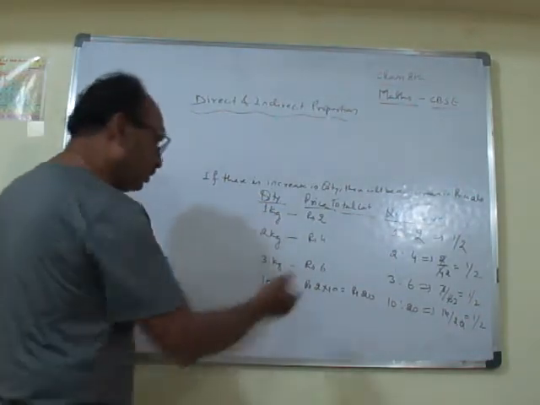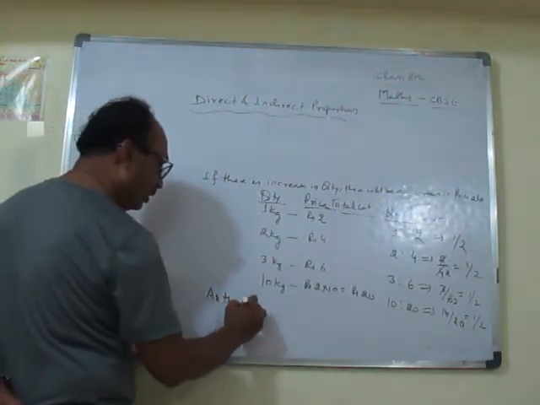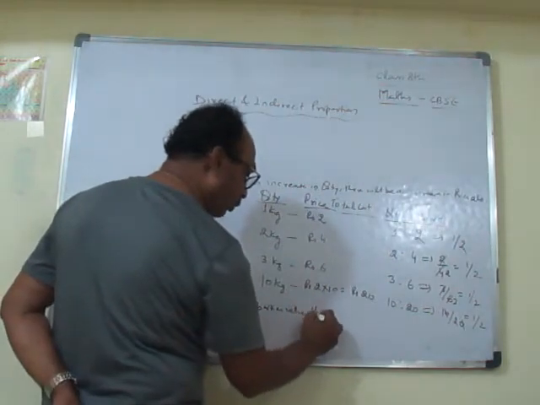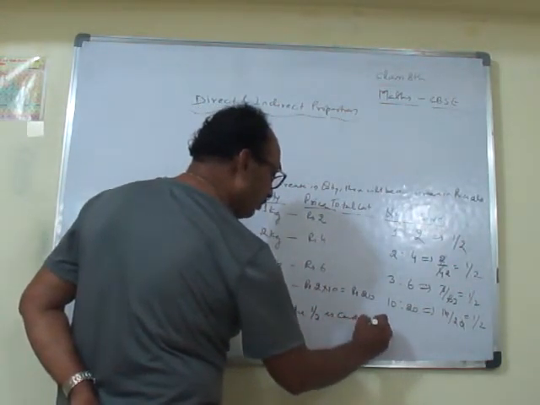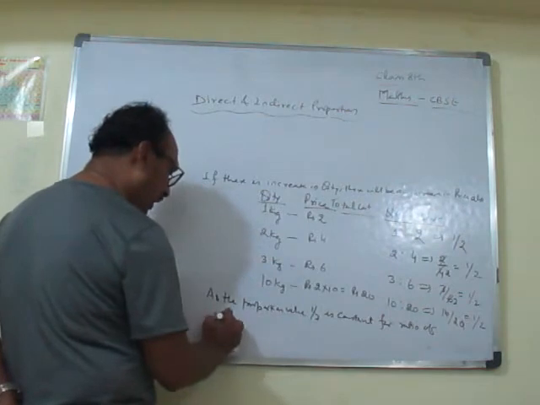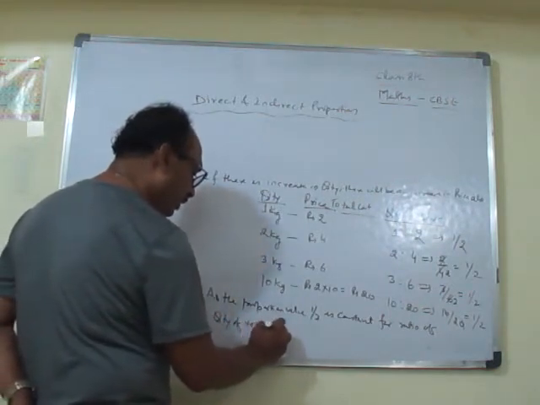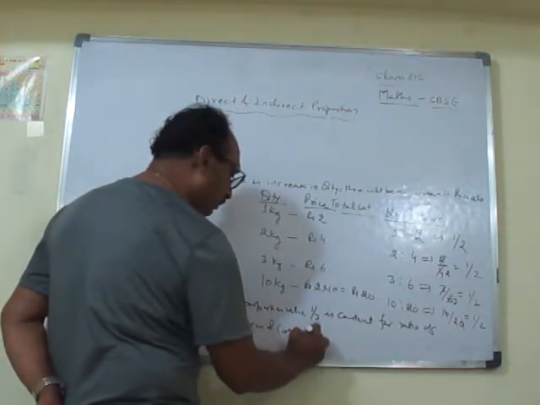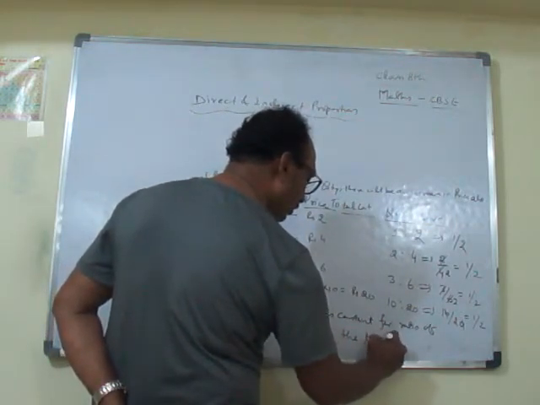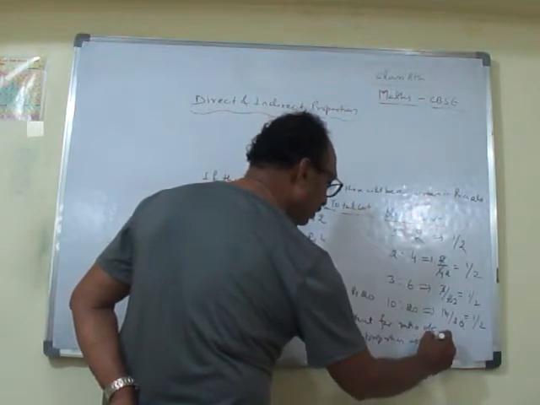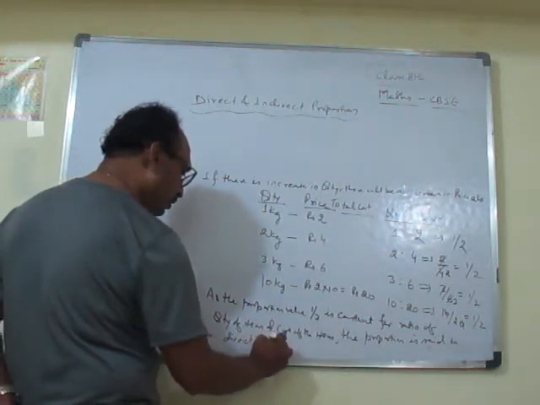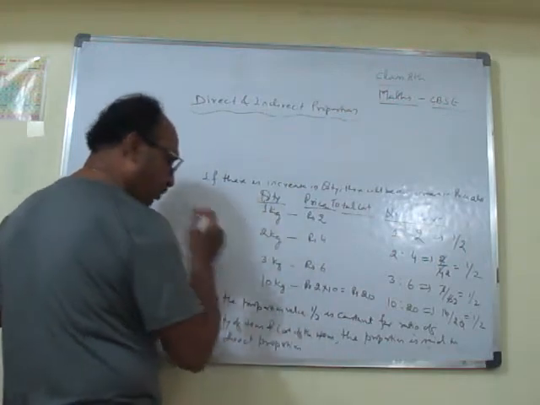As the proportion value 1 by 2 is constant for the ratio of quantity of the item and cost of the item, the proportion is said to be direct proportion.